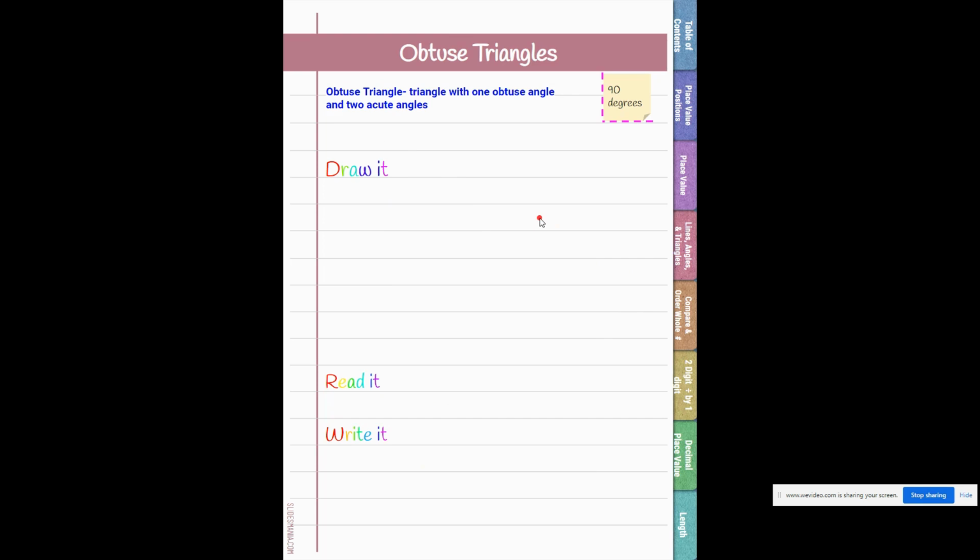An obtuse triangle is a triangle with 1 obtuse angle and 2 acutes. So again, here's our paper, and this angle, we're going to call it A again. It extends outside of the piece of paper, so we know that that's an obtuse. Let's join our triangle. And on this corner here, this angle, it has an acute angle.